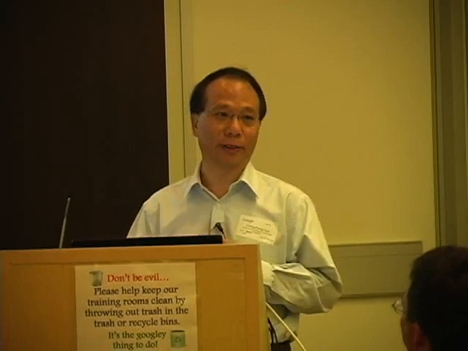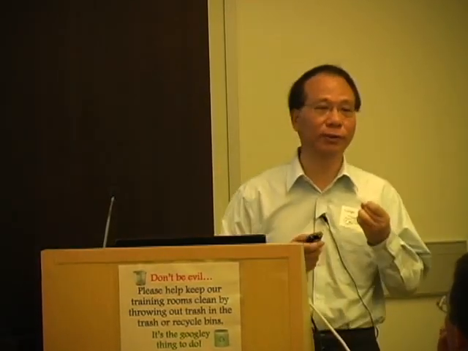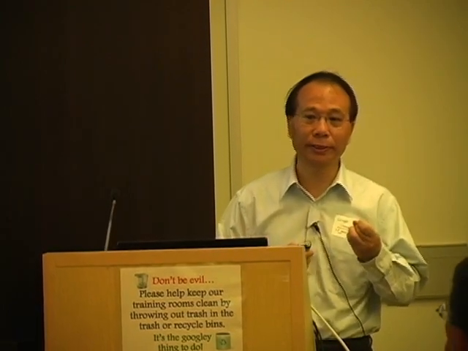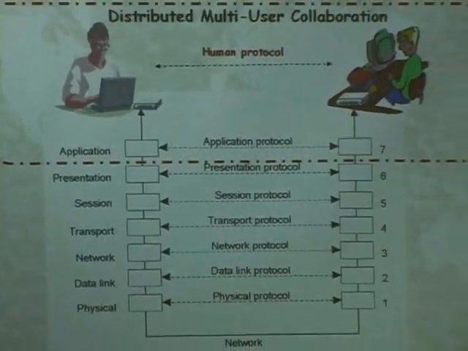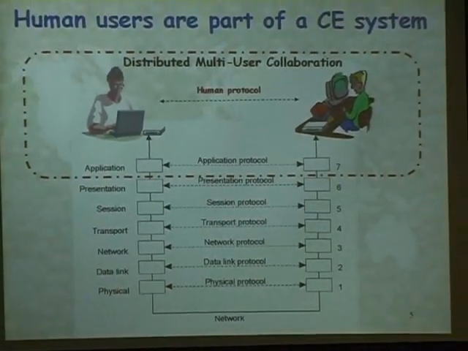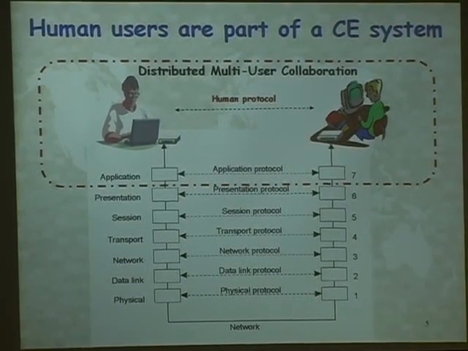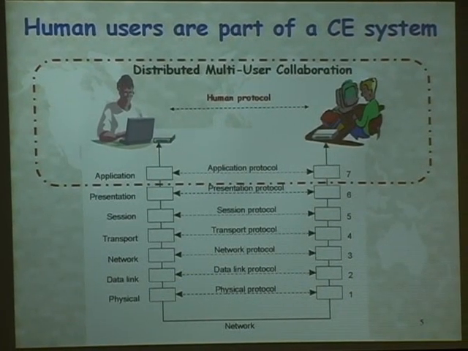But our system is not just a distributed system, it also involves human-computer interaction, with human users as part of the system. And this is also not a single-user system, it involves multiple users collaborating over the internet. So altogether, this is the scope of our study. It involves distributed computing, human-computer interaction, and collaborative computing, and involves human users.